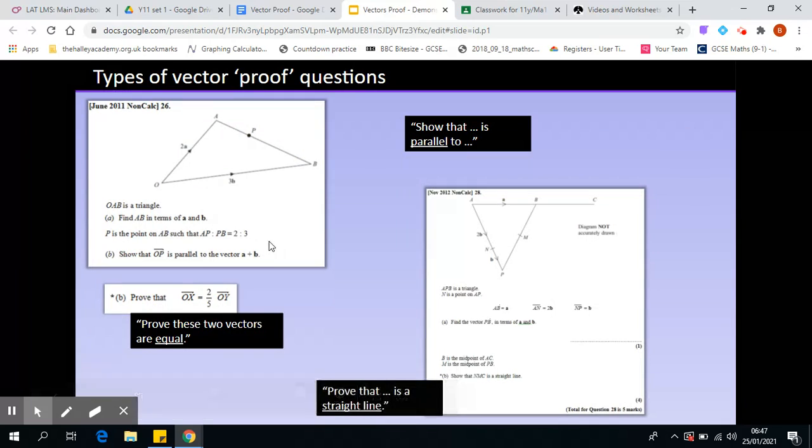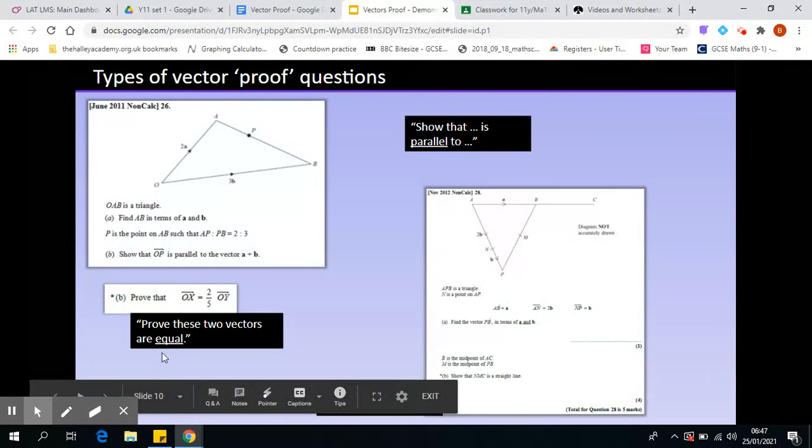Now, there are three types of vector proof questions you would actually see. The first type is proving that two vectors are equal to each other.